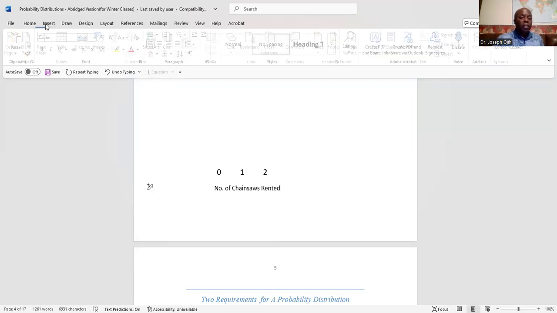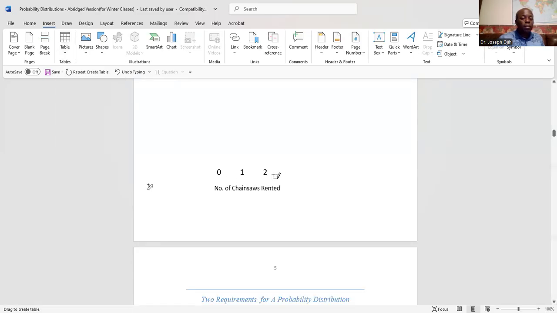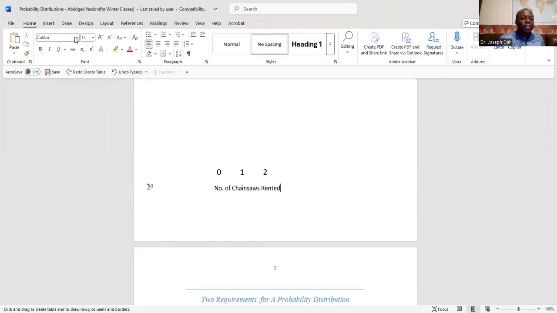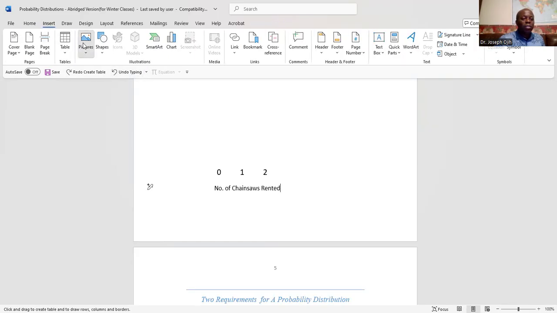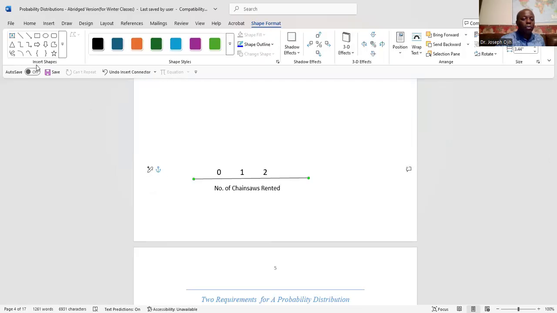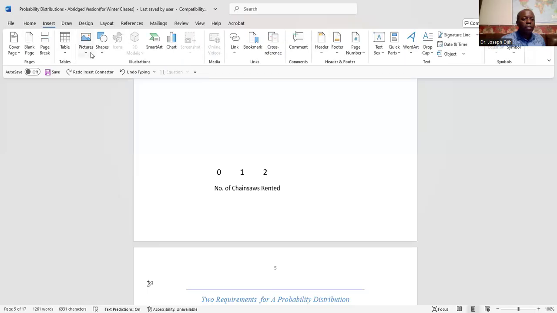I'm gonna draw a line right there. Oops, excuse me, sorry, mistake. Number of chainsaws rented. Oh, a mistake again, so I'm gonna undo it. Number of chainsaws that are rented.